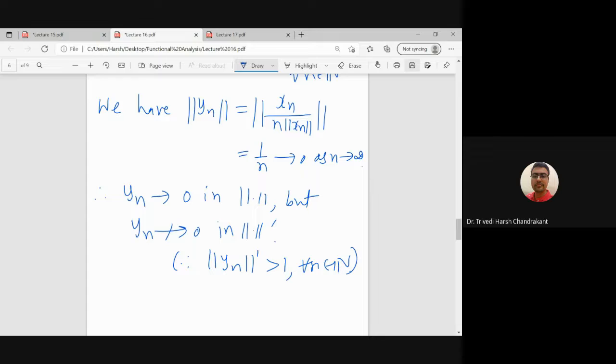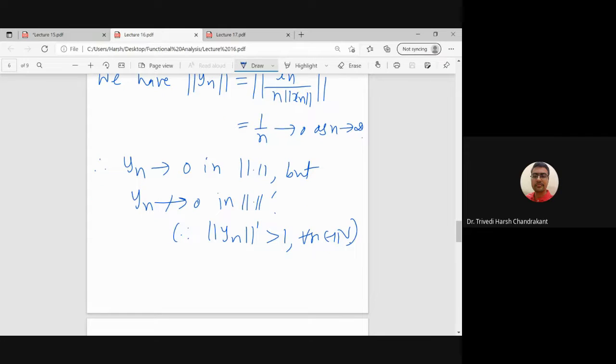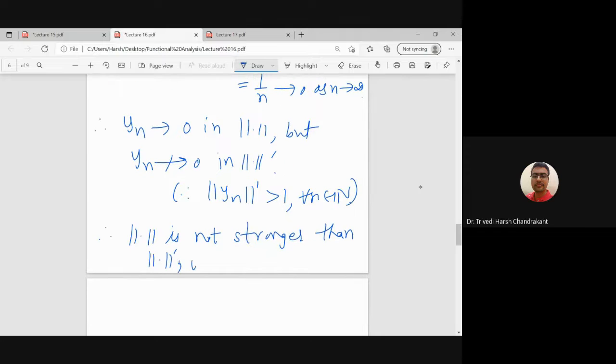So therefore the convergence is not strong. So therefore this norm is not stronger than the second norm, which is a contradiction.